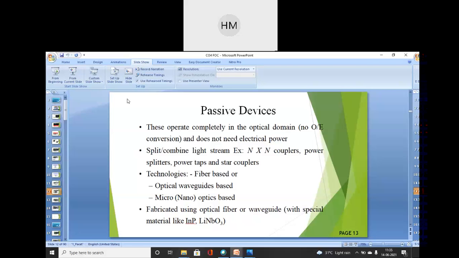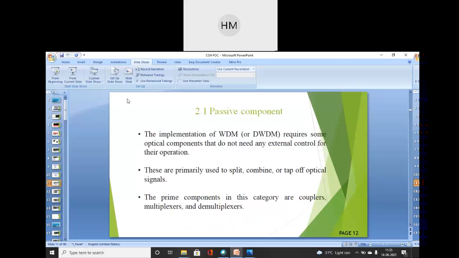These devices are optical electronic conversion devices, WDM devices, splitters, combiners, tap off of optical signals, multiplexers, demultiplexers. These are all primary components, which are known as passive components. The implementation of WDM requires some optical components that do not need any external control for their operation.